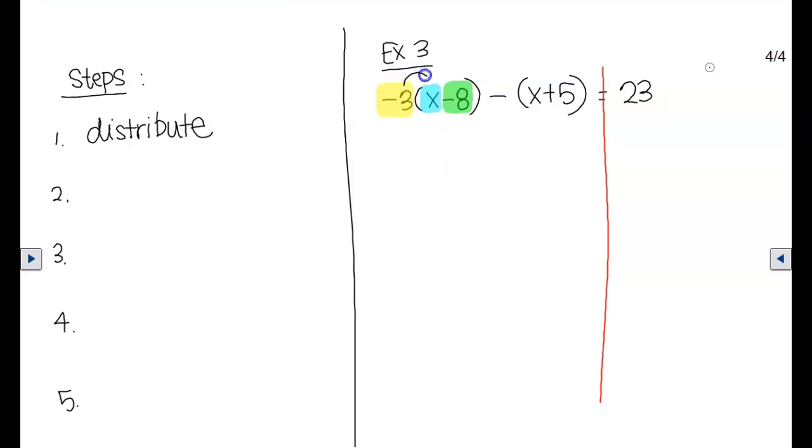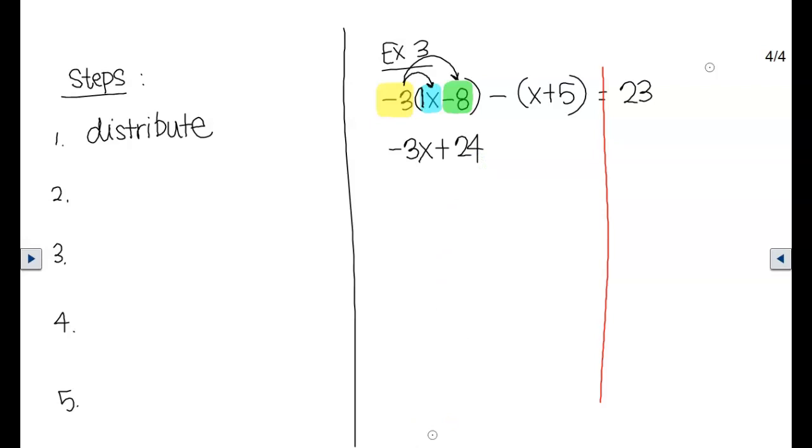So first we'll do -3 times 1x. -3 times 1 is -3. Reattach x. Now be careful on the second part, because you're doing -3 times -8. -3 times -8 is a positive 24, so we're going to put plus 24 there.